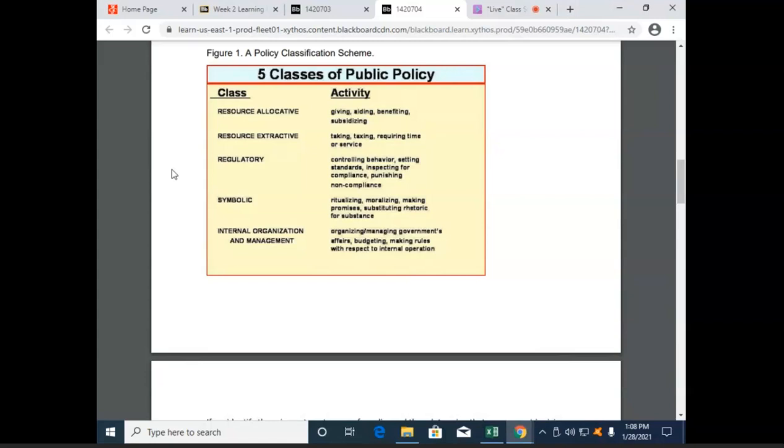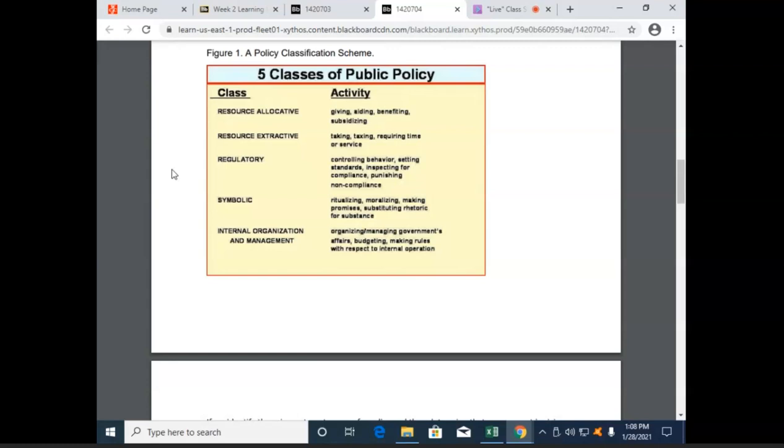A classification scheme in general, whether it is in the study of public policy or the study of biological organisms or cloud formations or weather patterns or minerals or whatever it is, in any scientific enterprise, what does a classification scheme do for us?